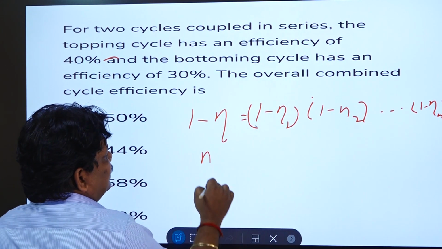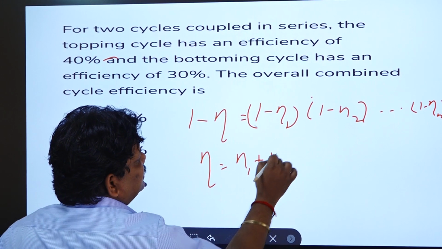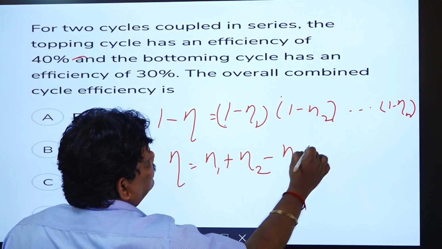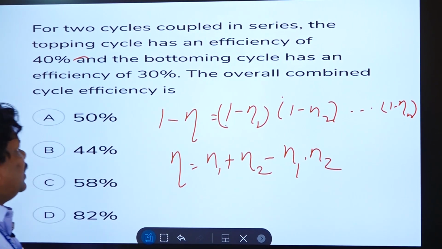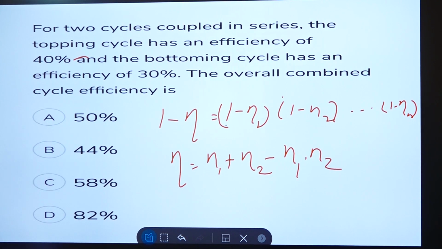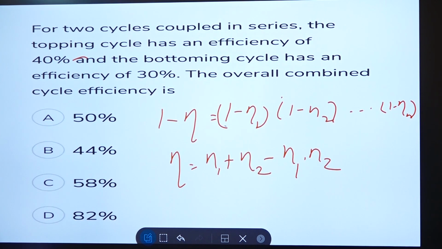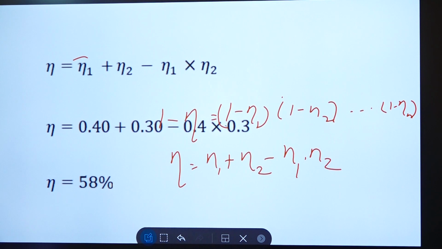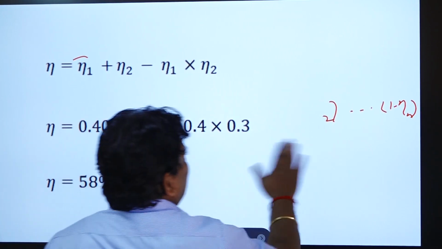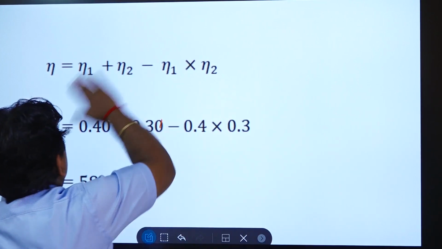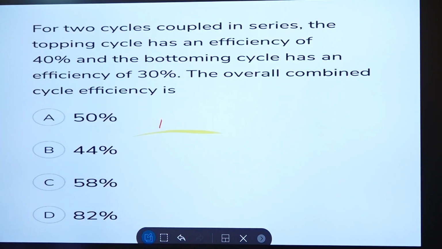So eta is given as eta 1 plus eta 2 minus eta 1 into eta 2. Use that formula: 0.4 plus 0.3 minus 0.4 into 0.3. So the answer is 58%, and the option is C for this. Okay, right.